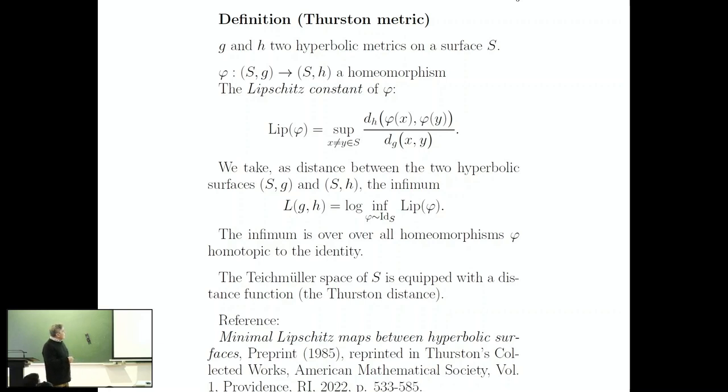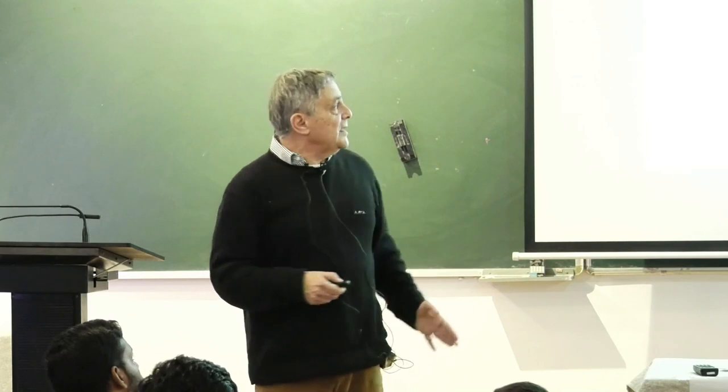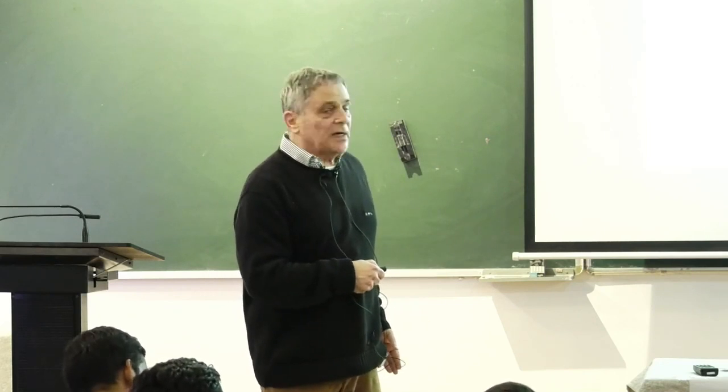Okay, and now I want to define a distance between the two surfaces, the two hyperbolic surfaces, the two surfaces equipped with different metrics. And you say that the distance between these two surfaces, SG and SH, is the infimum of this Lipschitz constant of phi, and you take the infimum over all possible maps phi homotopic to the identity.